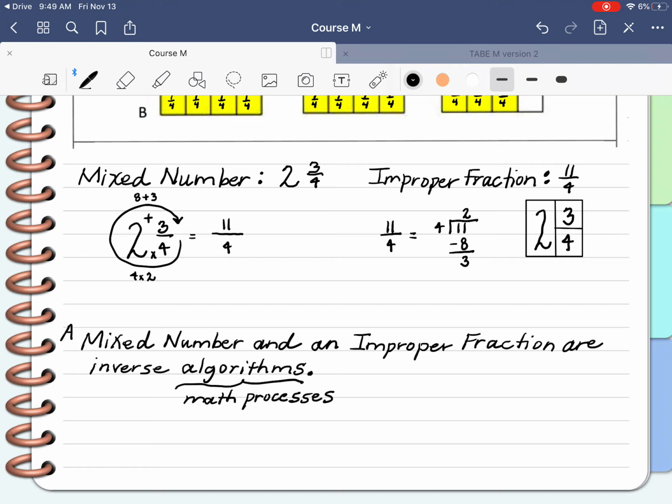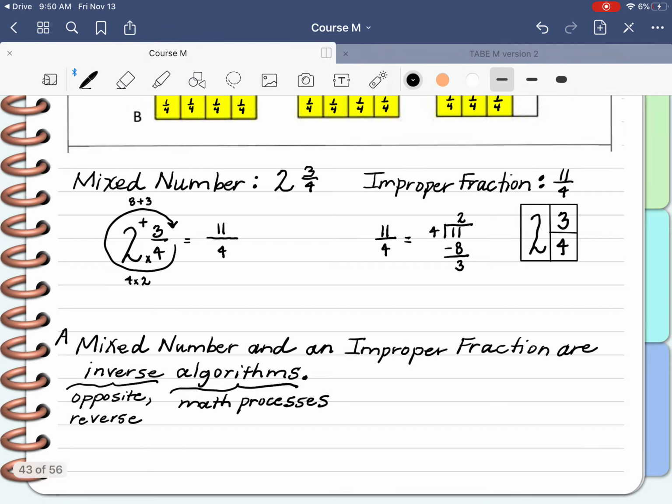Inverse is another important word that you need to know, and those are opposite, or reverse is another good word for inverse. It's like adding and subtracting. What you build up with addition, you can break down with subtraction. They're opposite processes, or inverse algorithms, if you want to use the fancy vocabulary.